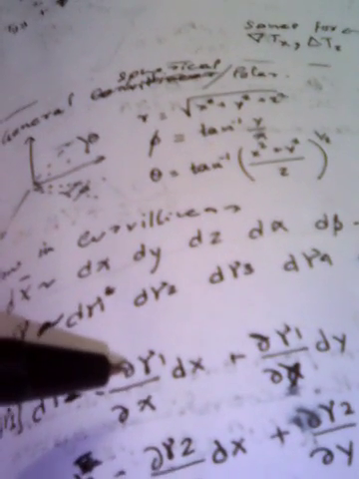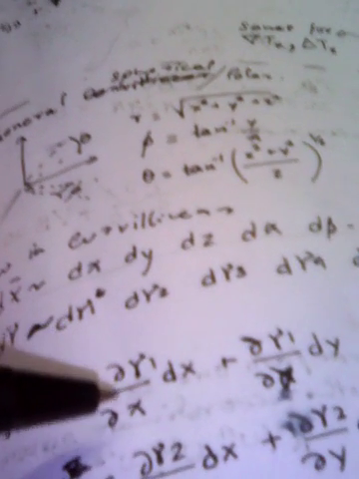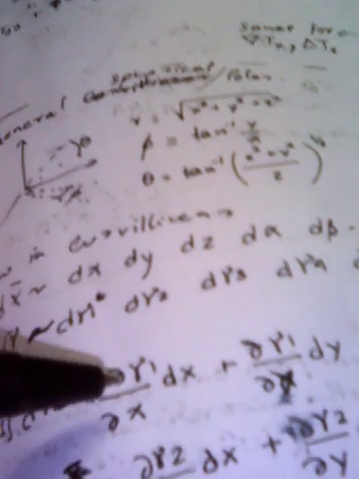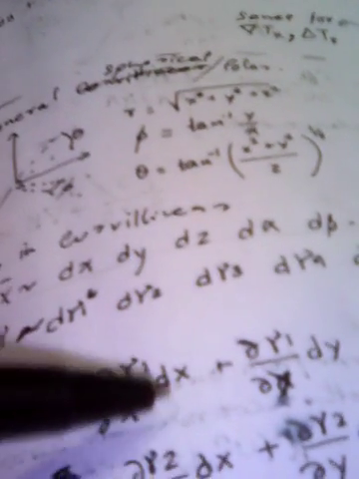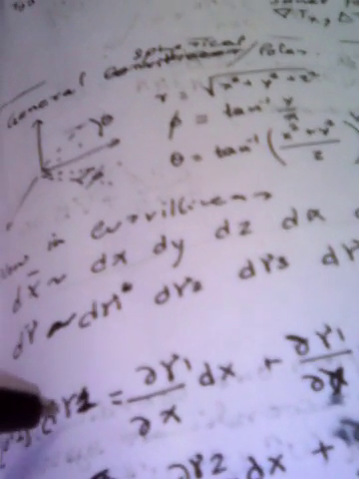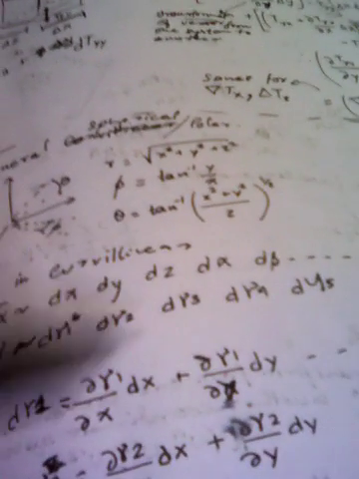Suppose this is the vector: the magnitude into the direction will give you the vector. Same way this can also be put, though it has a slightly different meaning, but you can understand it like that.